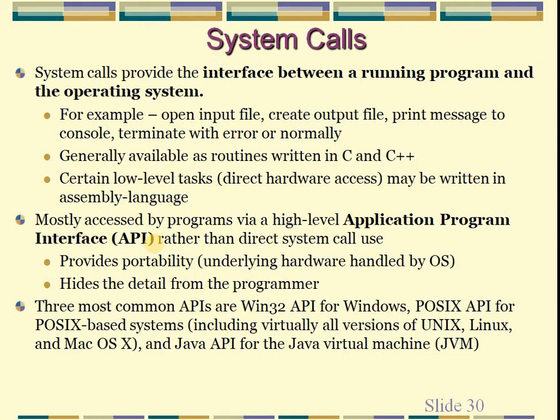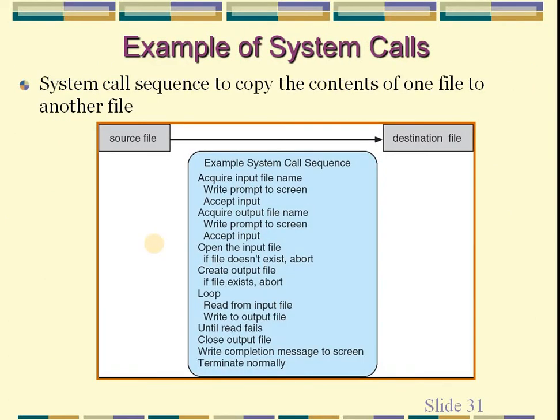There are some services provided by system calls: process creation and management, main memory management, file access, directory and file system management, device handling, protection, and networking. These are the services provided by system calls.